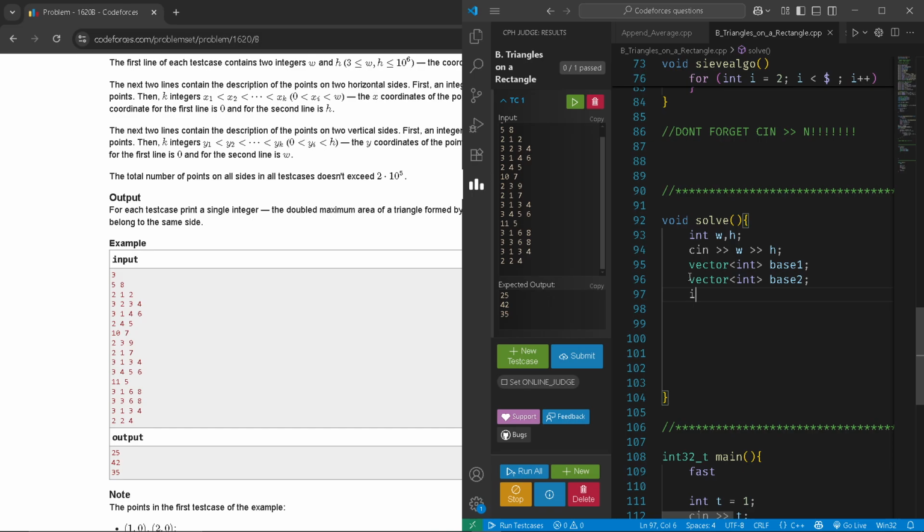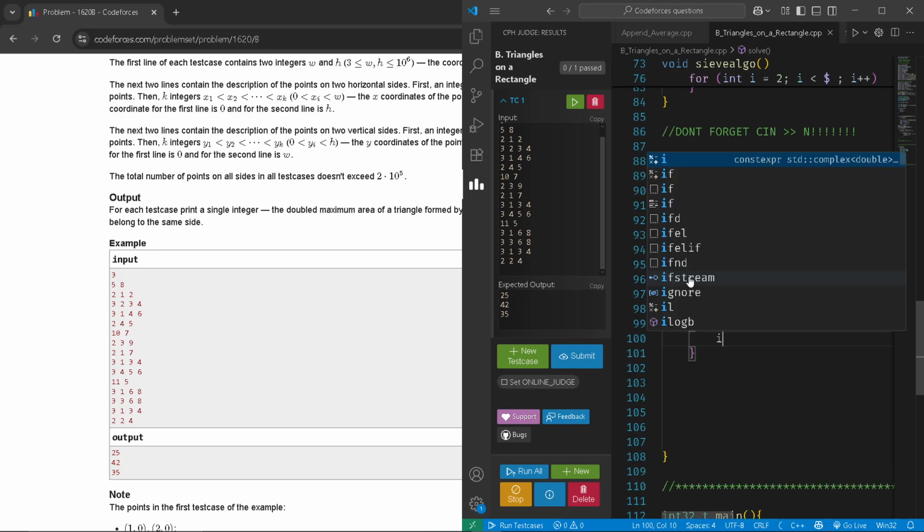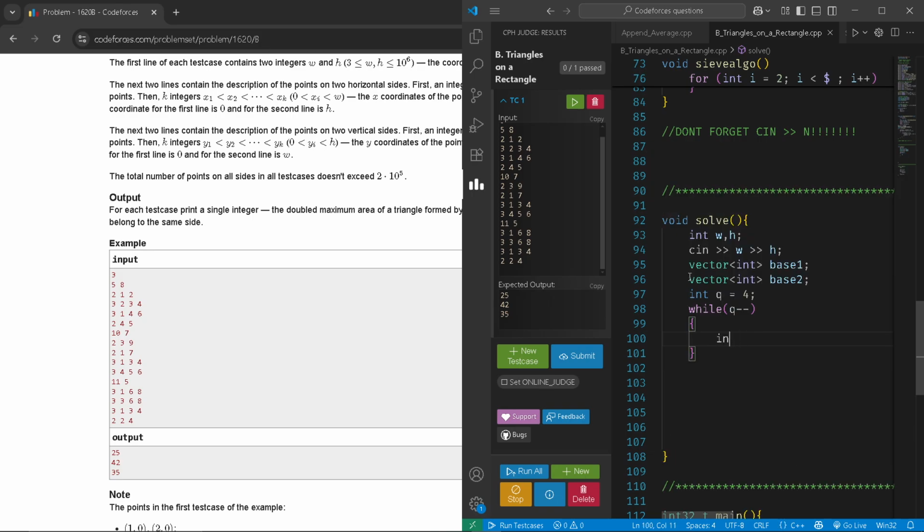Now in q is equal to 4, since there are 4 queries, while q minus minus, and n1 and n, and then these are the number of queries, and then what I'll do is sorting is n log n.